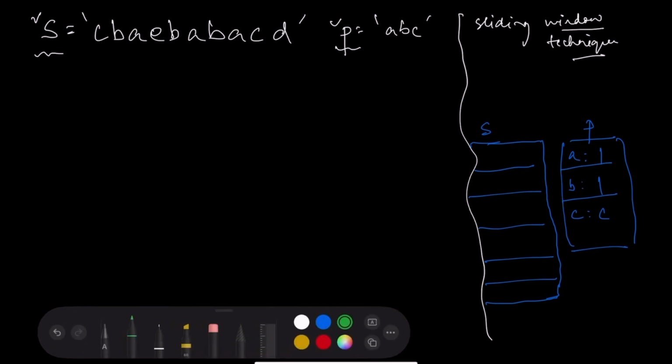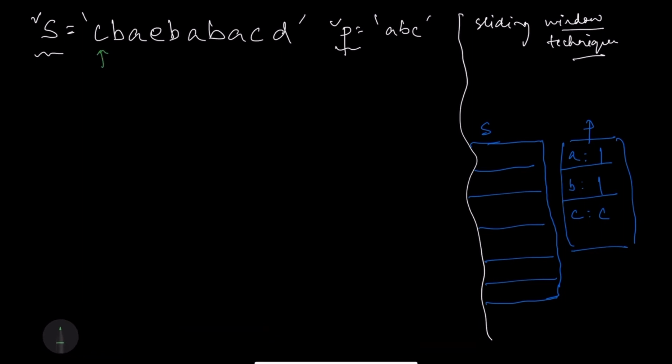In the beginning, we would start here, and our string would be this. So I have got C, I have got B, I have got A, and their count would look something like this. So now we will see if our count of the string in S is equal to our count of string P. If that is true, then we will append this index, because this is the first index of our anagram.